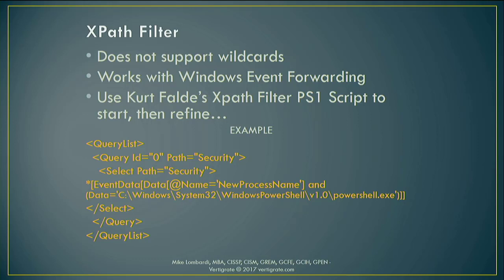What it basically does is, you go into an event and you've got the plain English view and you've got the advanced view, and it's all XML. You can also do your filters. Well, that's custom and that's XML-ish. It's this XPath filter. Kurt's script helps you write that filter. So you say, hey, that event looks like something I'm interested in.